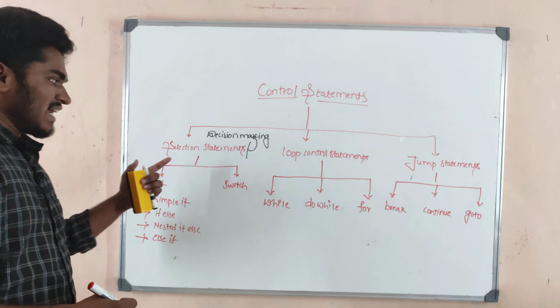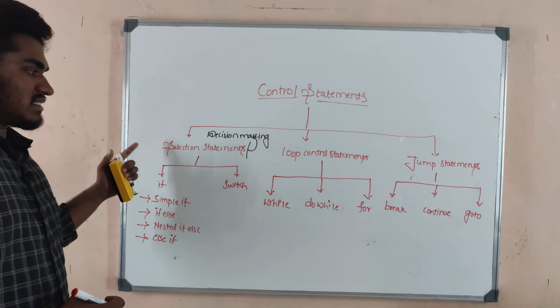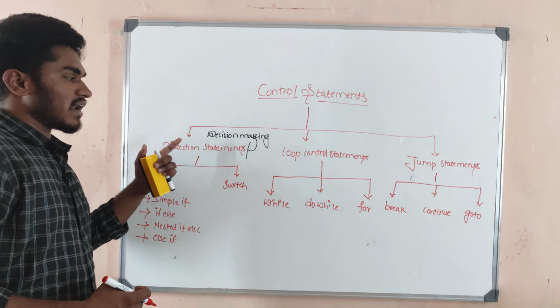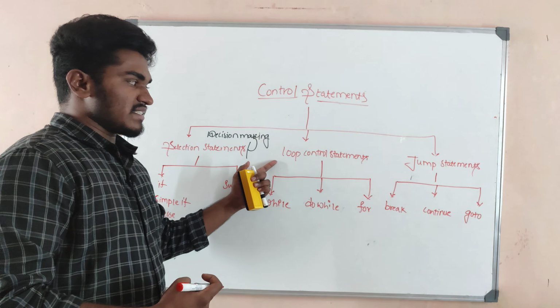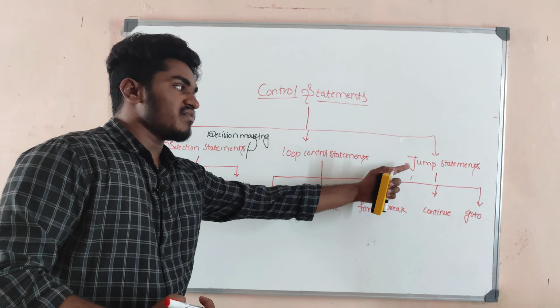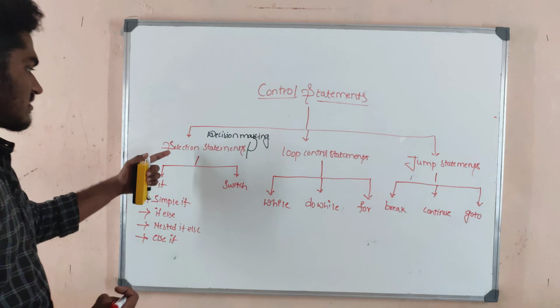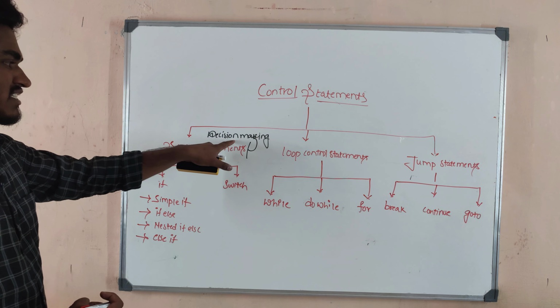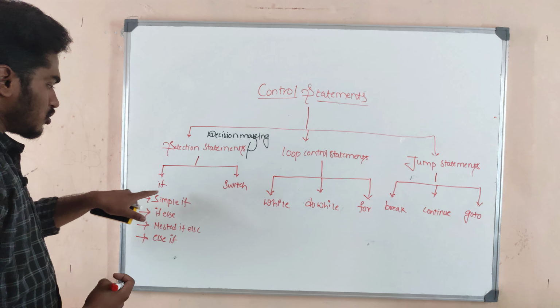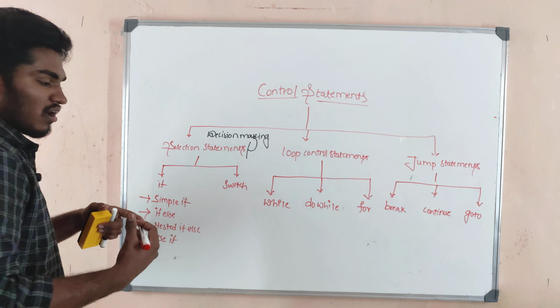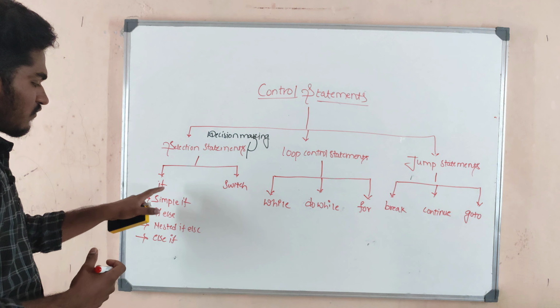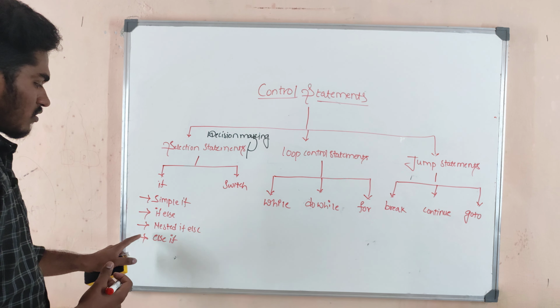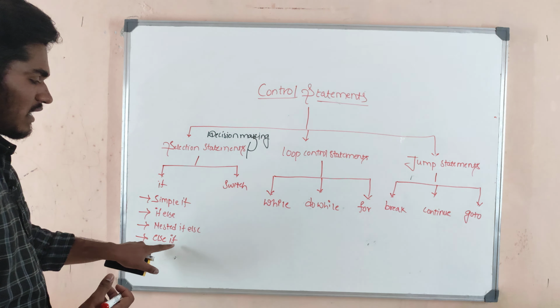Control statements are broadly categorized into three: selection statements, also known as decision making statements, then loop control statements, and in the same way jump statements. Selection statements are broadly categorized into two, that is if and switch. Here if is again divided into simple if, if else, nested if, and else if.